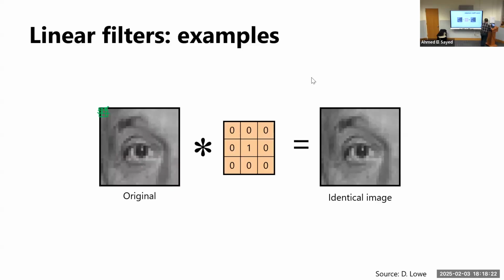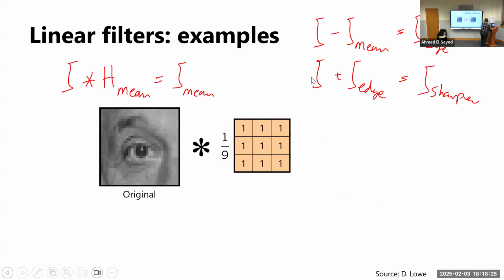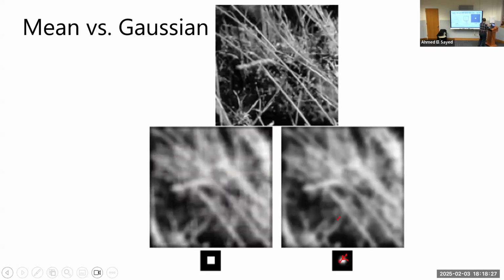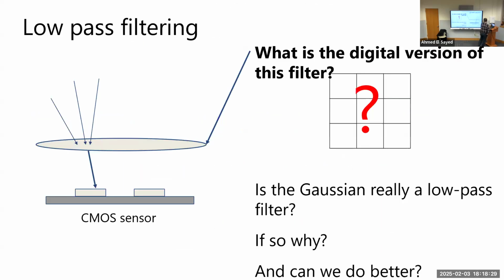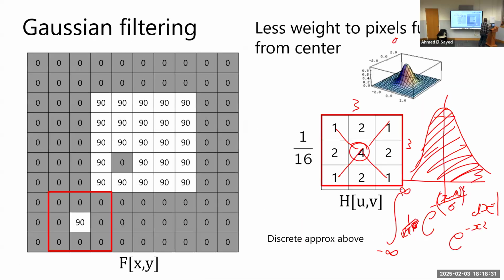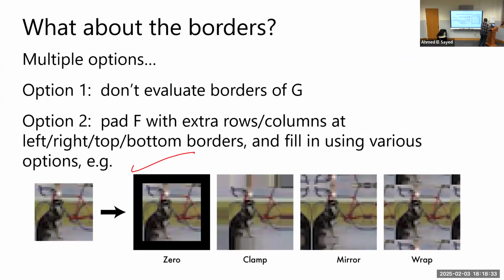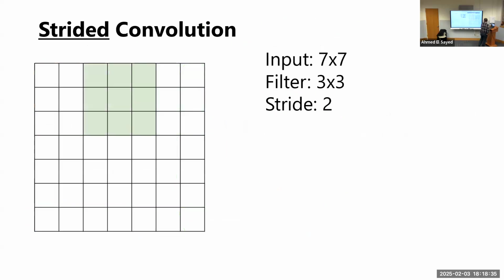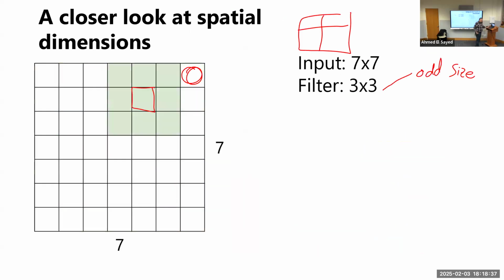Okay, so far we learned how we can do the convolution process and why we need to do the convolution process. Can you refresh my memory? Why do we need the convolution process? Enhancement of the image.